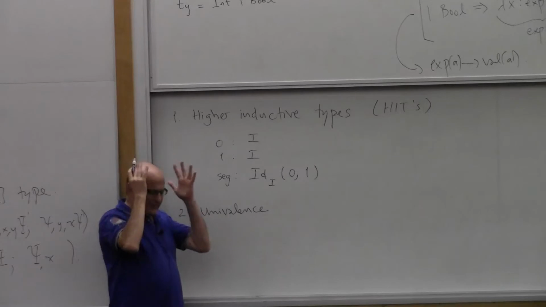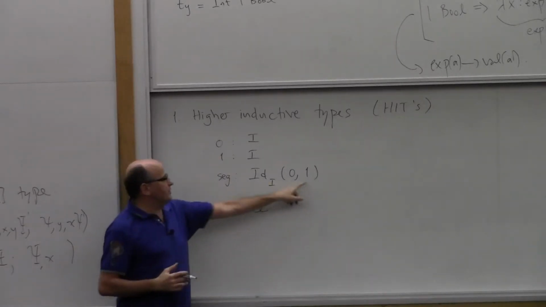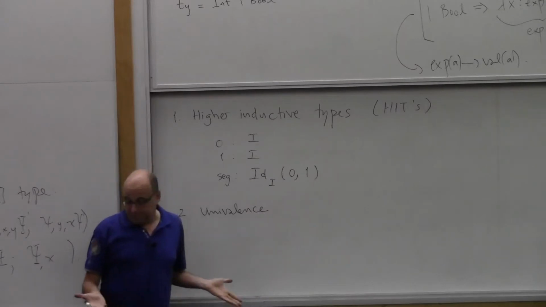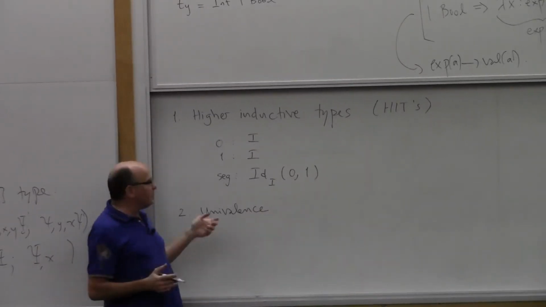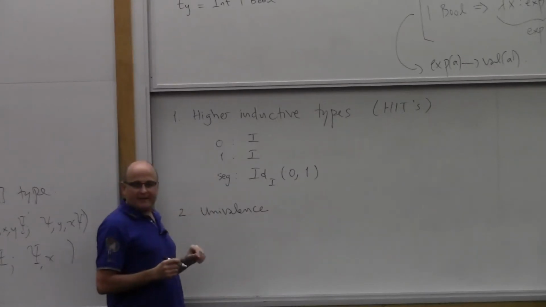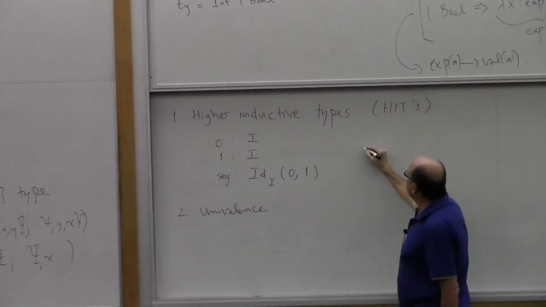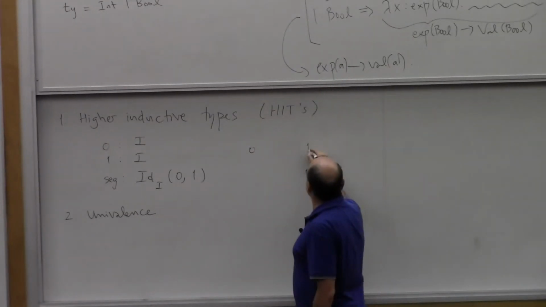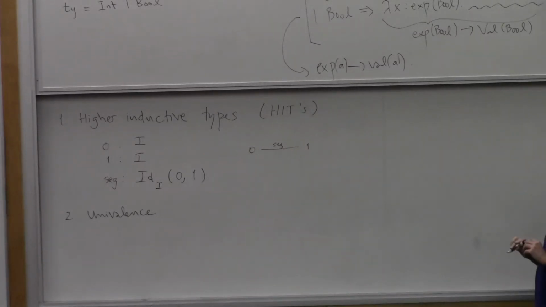It's a little weird to say, okay, it's the Booleans such that the two Booleans are equal. That is what I'm saying, but it's a different, I don't know what to tell you. It may feel better to think of that as a path. That's the right way to think about it. So we're specifying, as I mentioned before, the picture is we have 0, we have 1, and they're linked by a segment. Okay, so that's an example of a higher inductive type.